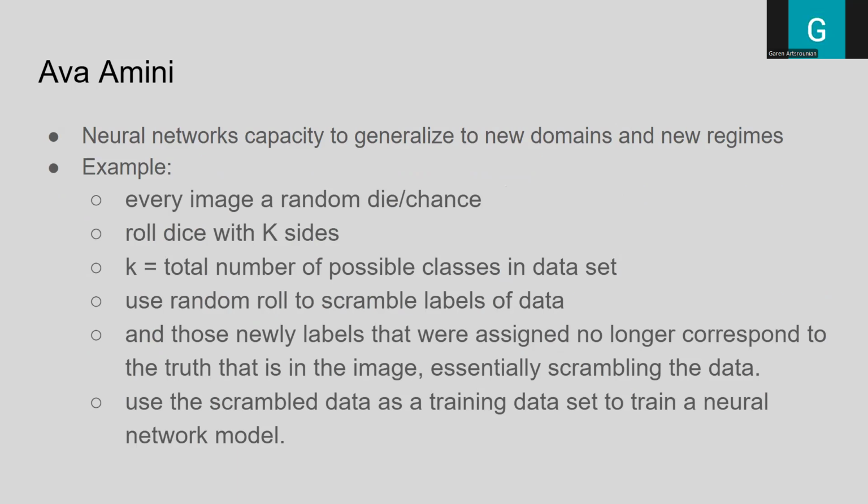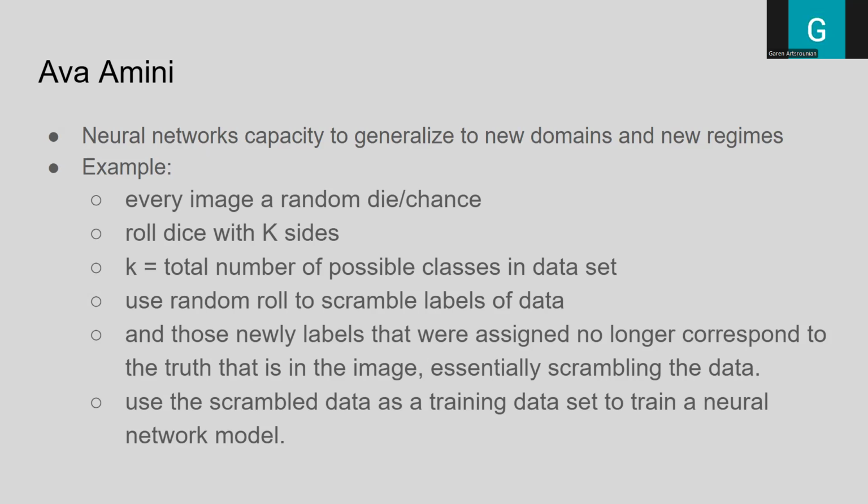So in her example, she proposed a random die. Each image in the dataset is assigned a random label based on the die roll, with k sides, where k is the total number of possible classes in the dataset. The labels no longer correspond to the true content of the images. Say, for example, a cat is a dog now, a tree could be a car now.